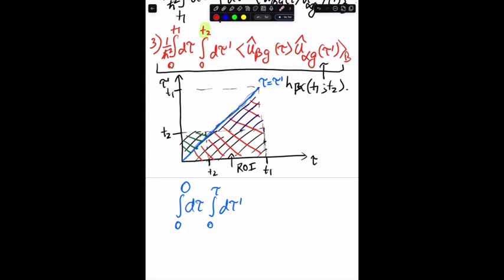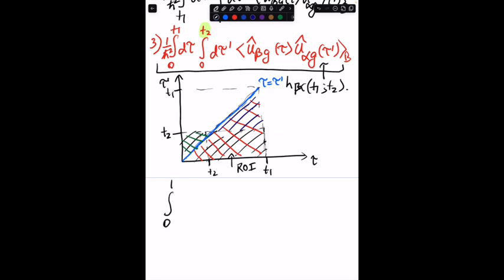You must be wondering why I want to do this, because you will see the intuition very clearly soon. Let's say I want to calculate this integral. It has the following form, where tau is being integrated from 0 to t1, and tau prime lies within tau.